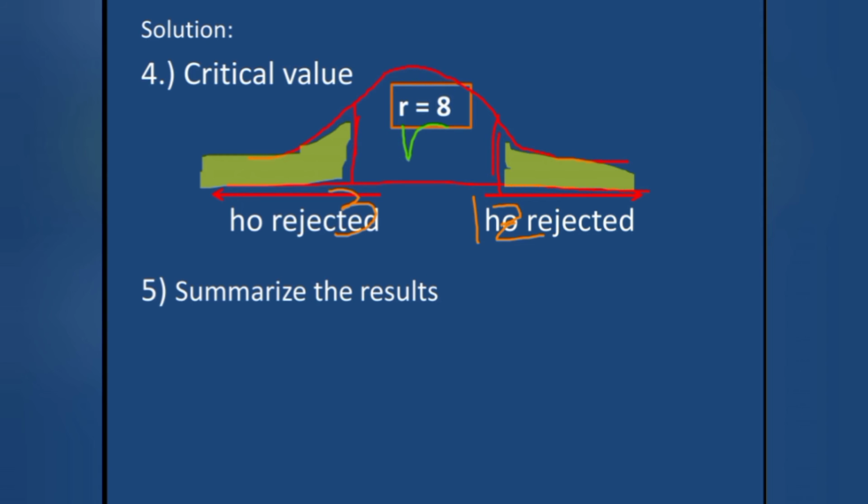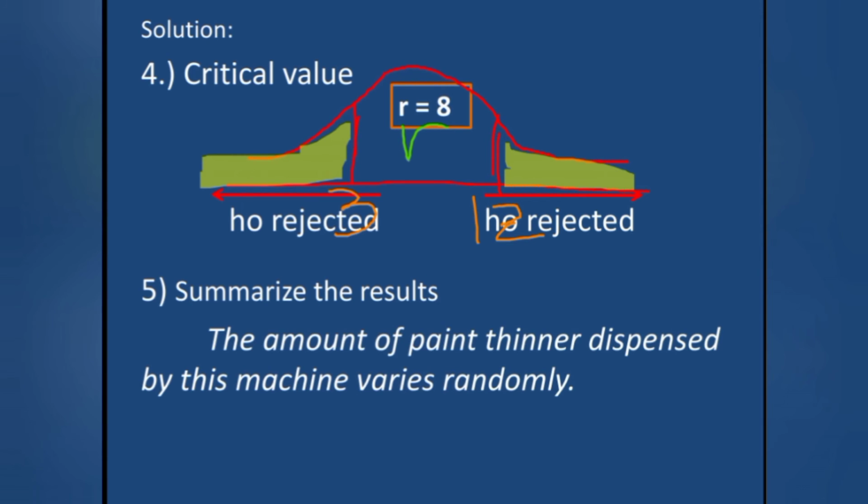So, ibig sabihin, the amount of paint thinner dispensed by this machine varies randomly. So, we failed to reject our null hypothesis. So, our null hypothesis is accepted.